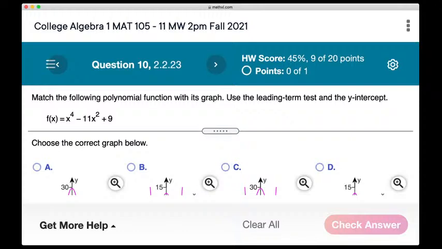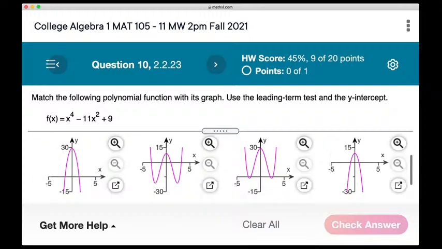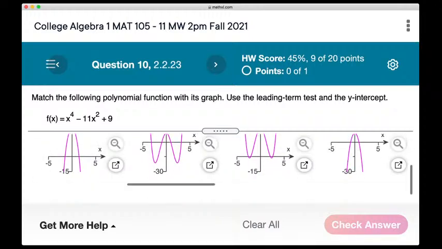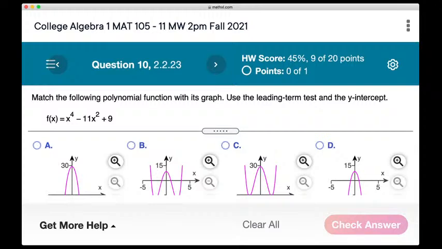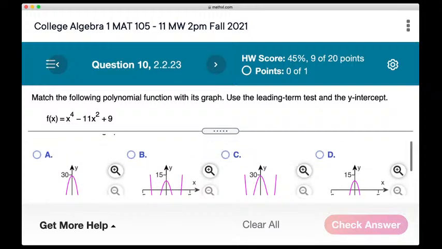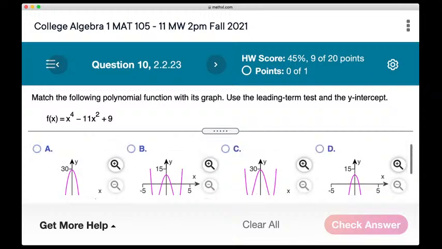B looks okay. It's not A because it's not rising to the right and to the left. The problem with C is that it has the wrong y-intercept. The y-intercept is probably like 29 or something close to 30, which is incorrect. And then D, the long-term behavior is behaving improperly. So the only thing that's close is B. The answer is B, right?